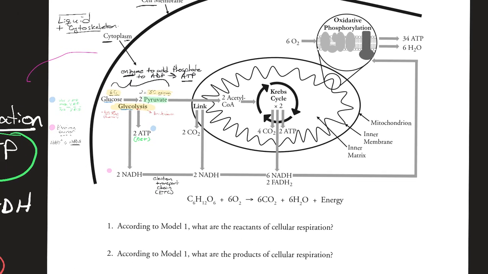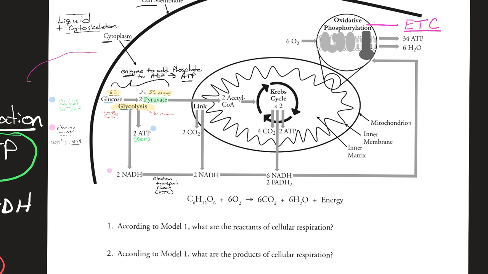Okay, so the NADH goes right into oxidative phosphorylation. By the way, oxidative phosphorylation is also known as the electron transport chain.